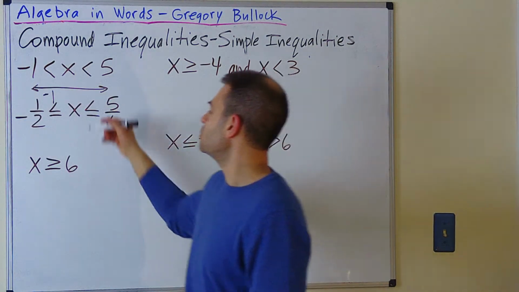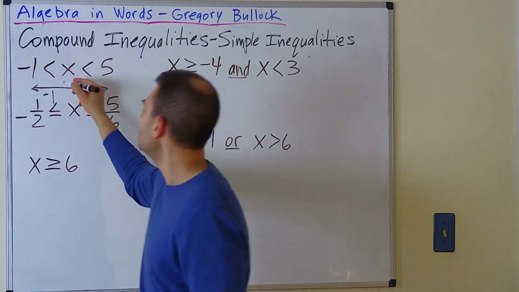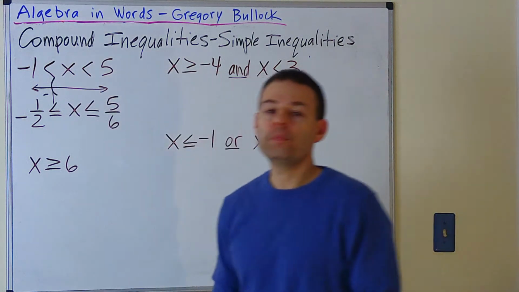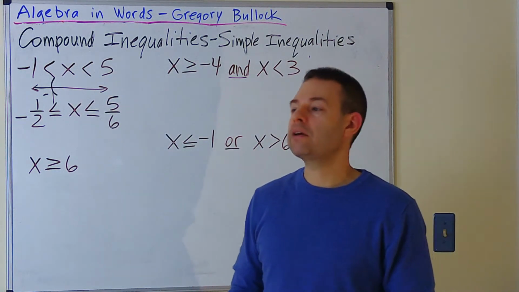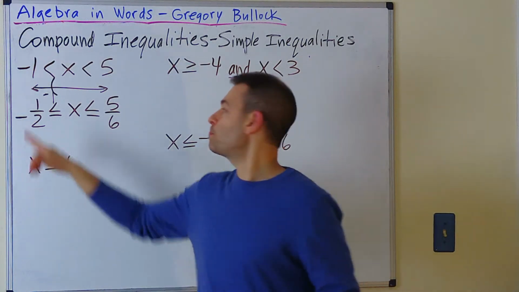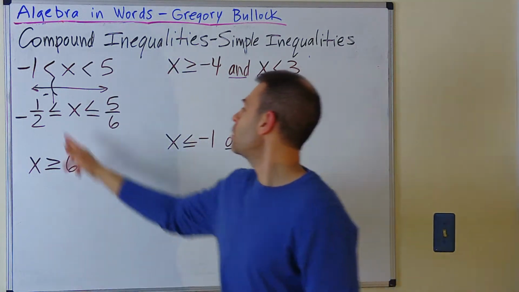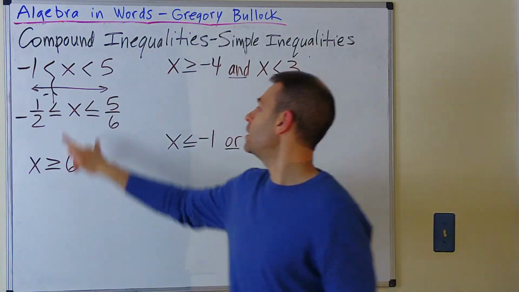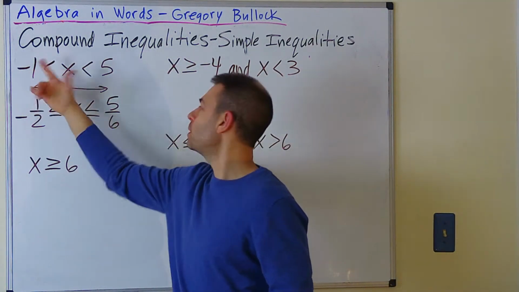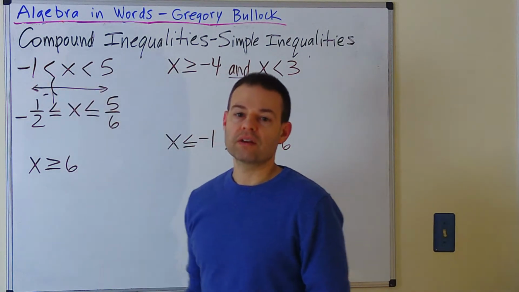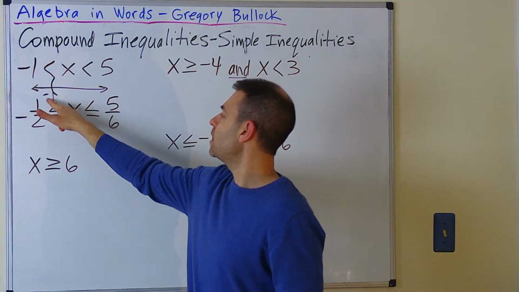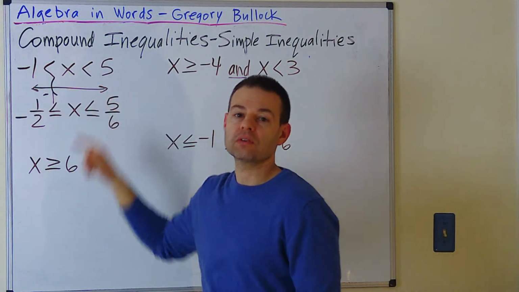So we're going to use a non-inclusive parenthesis open to the right to show that the values for this portion would be x is greater than -1. Even though it's written this way, that's fine. If you took the simple inequality and flipped it, it would read x is greater than -1. That's why we have -1 with a parenthesis open to the right.